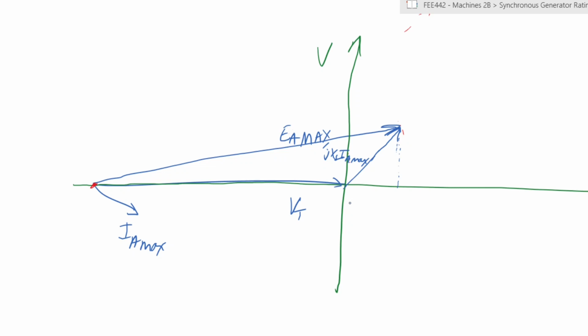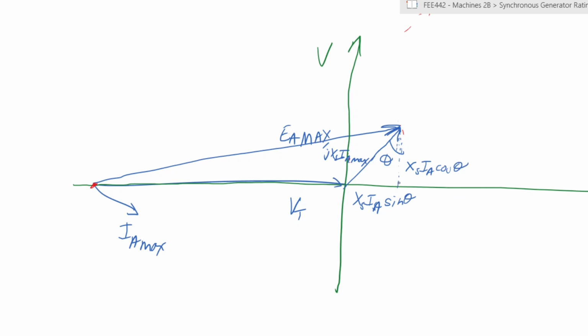So we then have XS IA. If this is theta, you have XS IA sine theta, and if this is cos theta, you'll have XS IA cos theta, right?